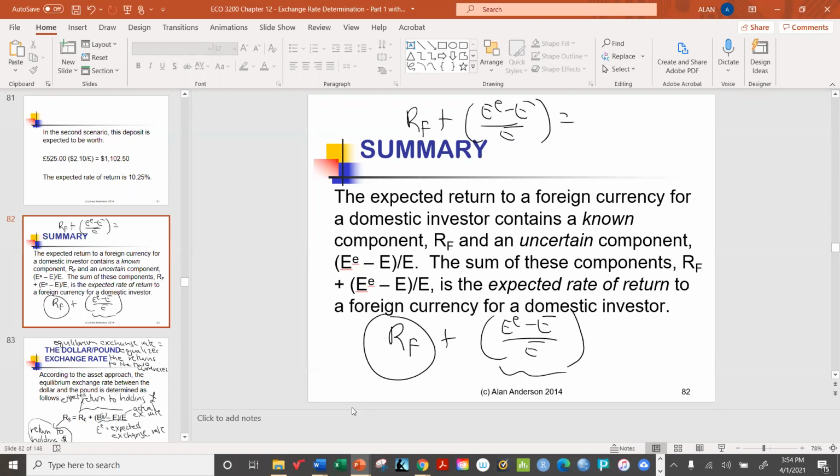So we can think of this as the expected return to holding the foreign currency, because that is not known with certainty.